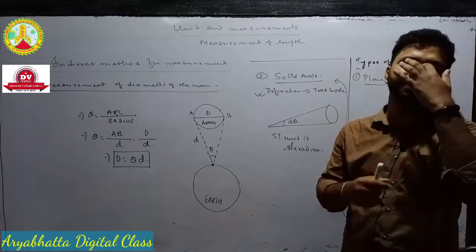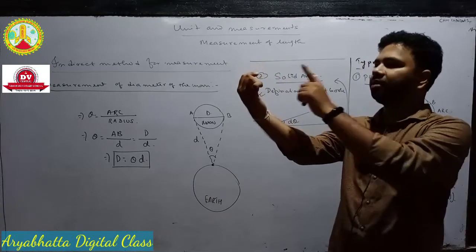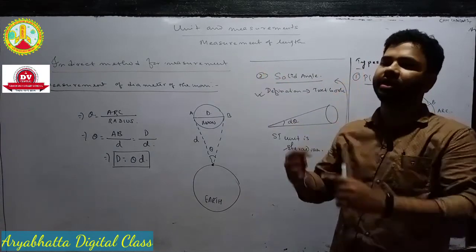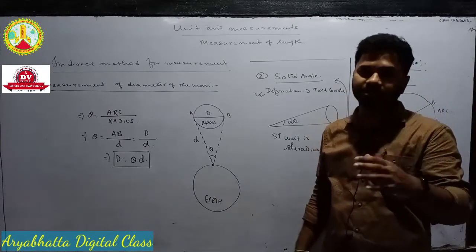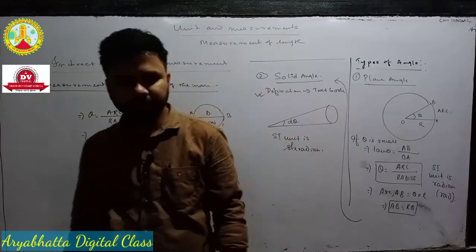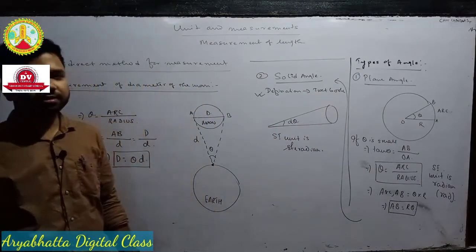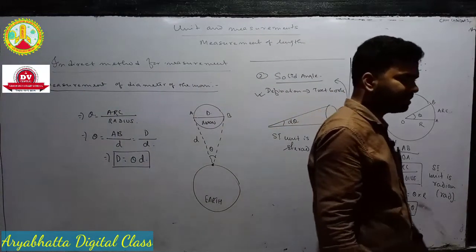Distance between our two eyes can be calculated if I know the angle. ये line और एक line with your right eye. Then if we can calculate the angle, then we can calculate the distance between our two eyes. So this is one indirect method, and the name of the method is parallax. Okay, this is known as your parallax.